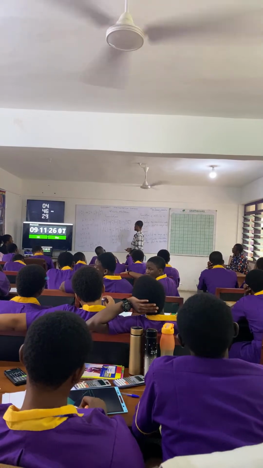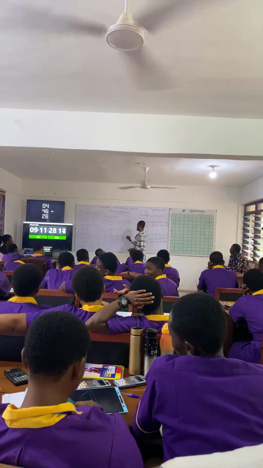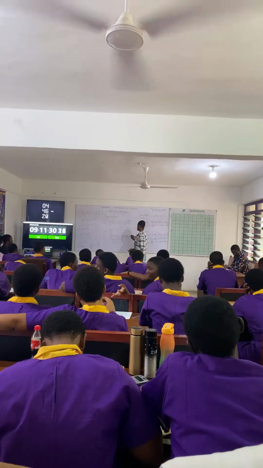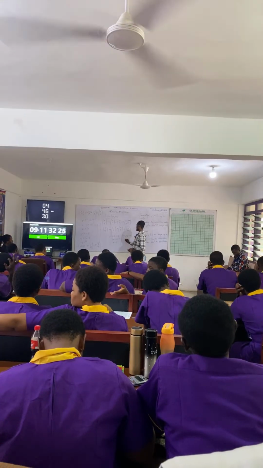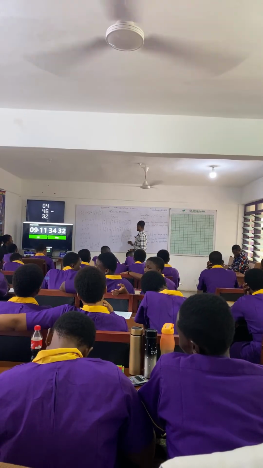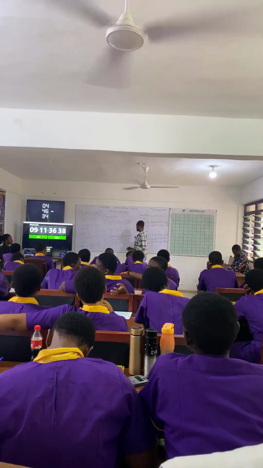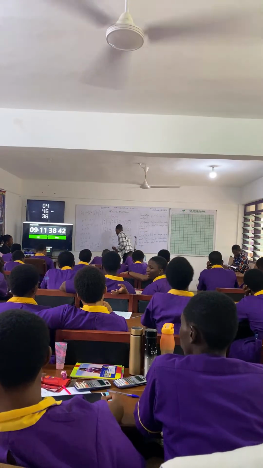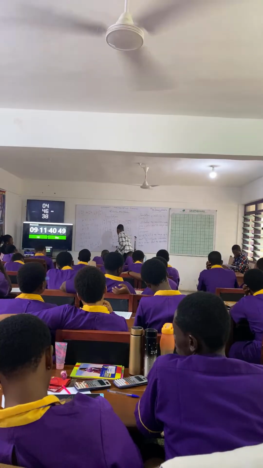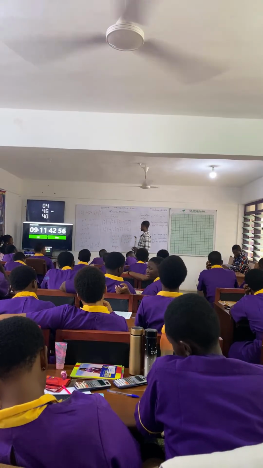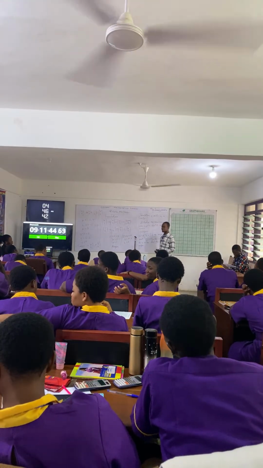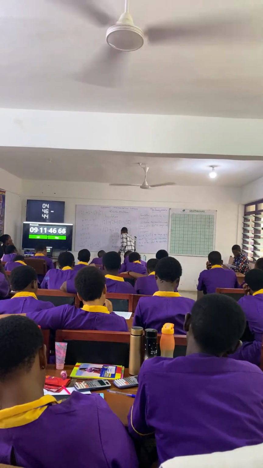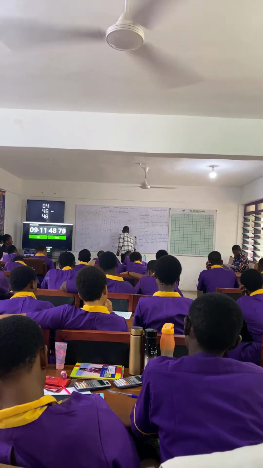Do the same for the y values. Equate the y values: 2 plus b equals 4. Make b the subject, 4 minus 2, and b is equal to 2. So therefore, the translation vector, let's write the statement.